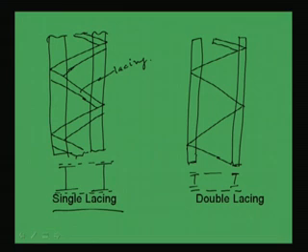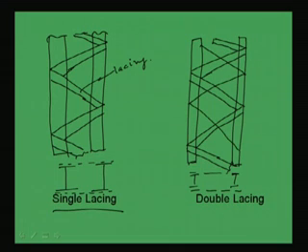So this is one, and another one will come in a similar way from this side, like this, just crossing each other, right. So this is another lacing system which is called double lacing.